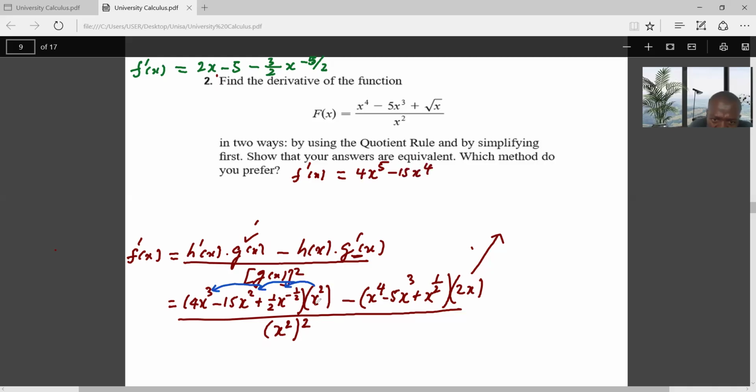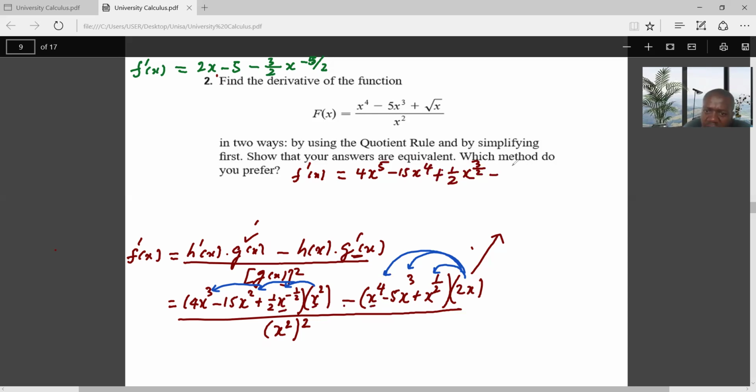Then now multiply this with this one. So there will be half. Remember, the bases are the same. We take one base, so it's going to be negative half plus 2, which will be 3 over 2. Then here we multiply in by 2x. And at the same time, we remove the brackets by multiplying by negative. So this will be negative, this will be negative.